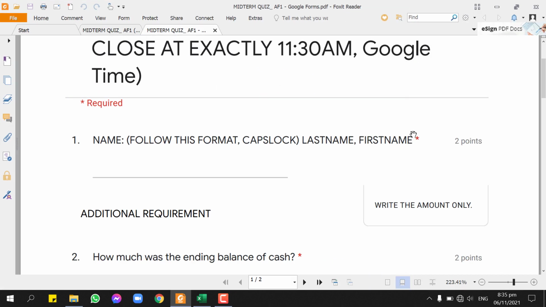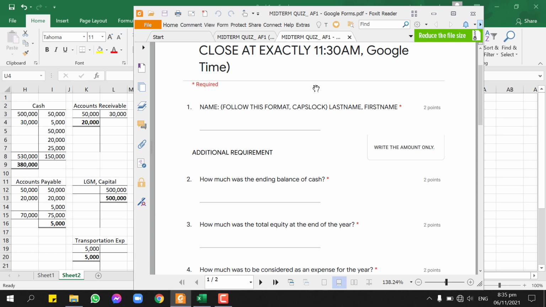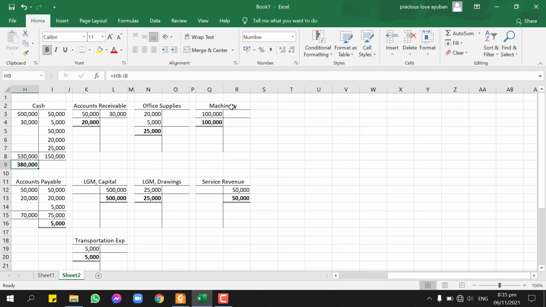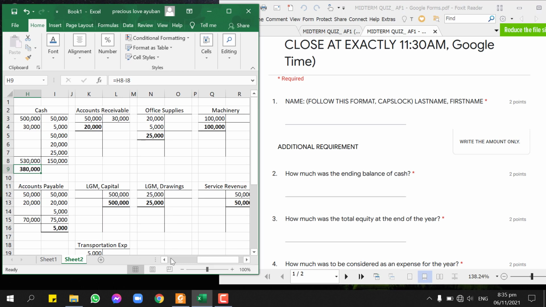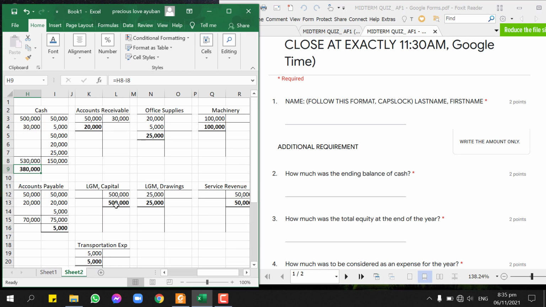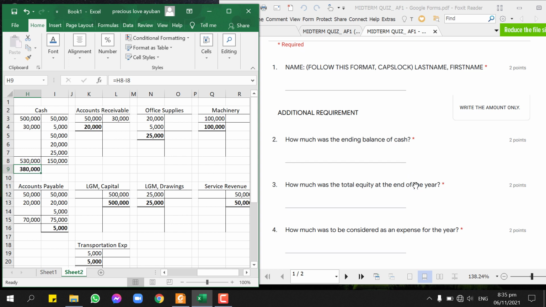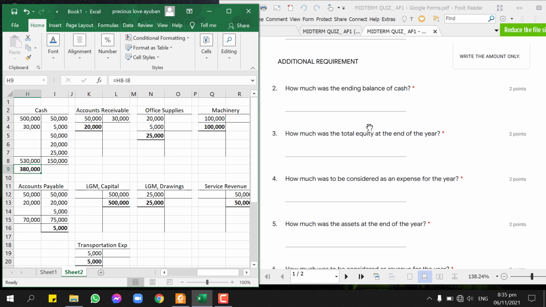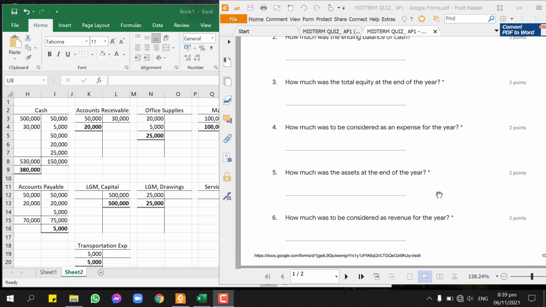So, first, how much is the ending balance of cash? So, yung cash natin, ito, 380,000 based dun sa ating T account. Yun yung answer sa first.